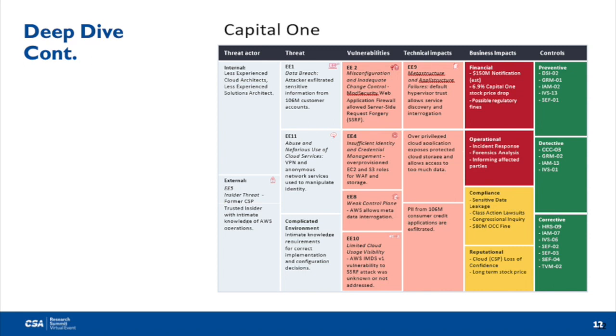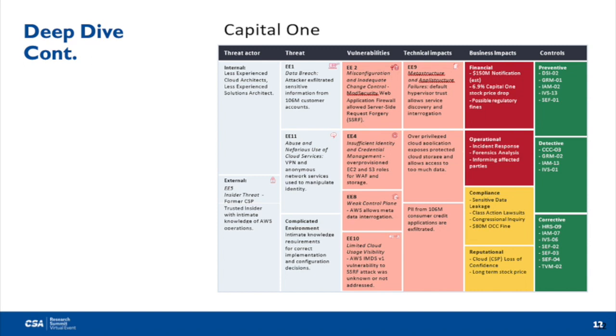And then we go into the vulnerabilities, the technical impacts, business impacts. And then more importantly, this is where it gets a little bit better, we take the controls from the prior slide and we're actually providing them for preventive, detective, and corrective measures for individuals. So again, if we're in the enterprise space in the financial sector and we're using AWS, more than likely, we want to take a look at the vulnerabilities here.